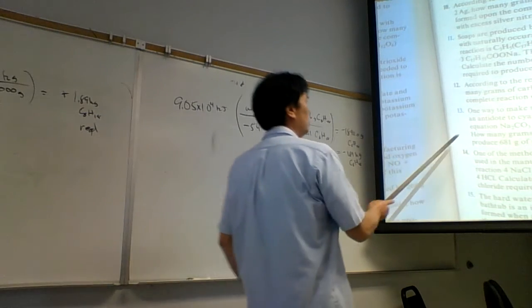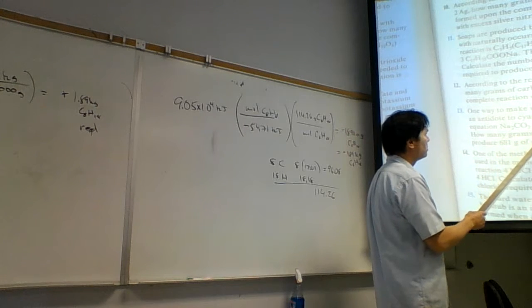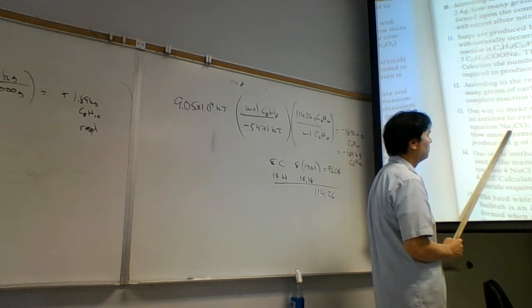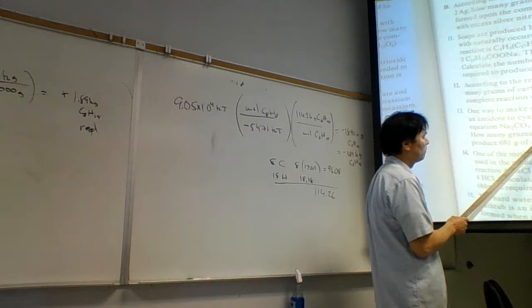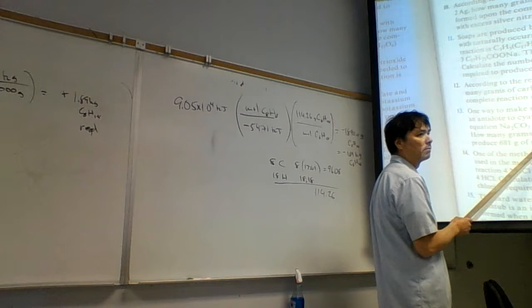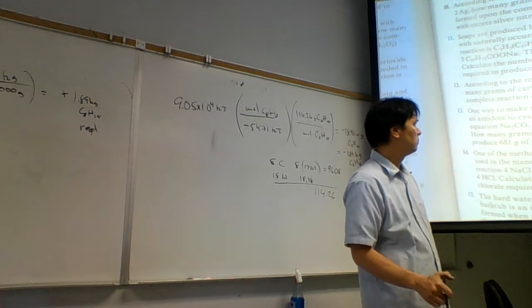Number 13, one way to make sodium thiosulfate, which is used as the antidote to cyanide poisoning, is described by the equation. What does this look like? Some reactions are a combination of things.